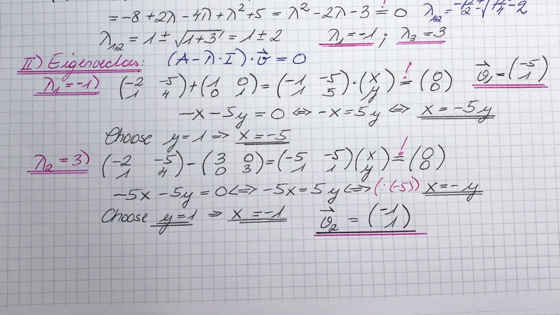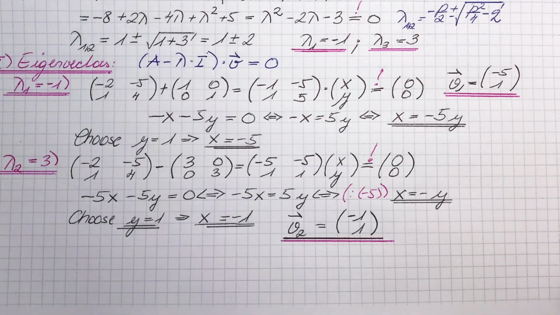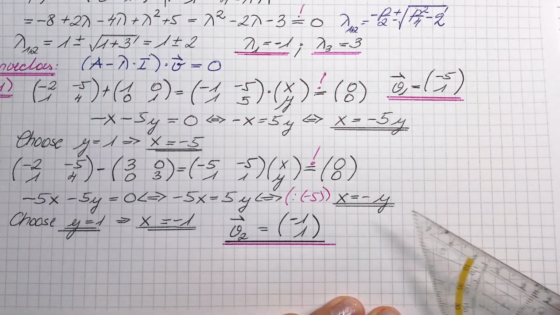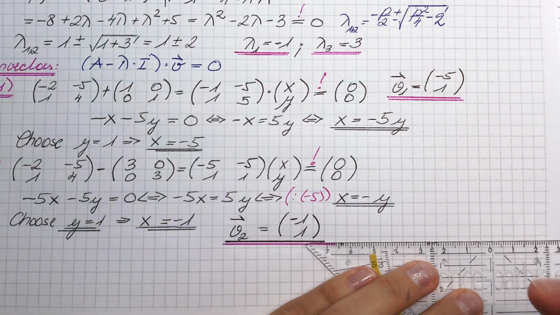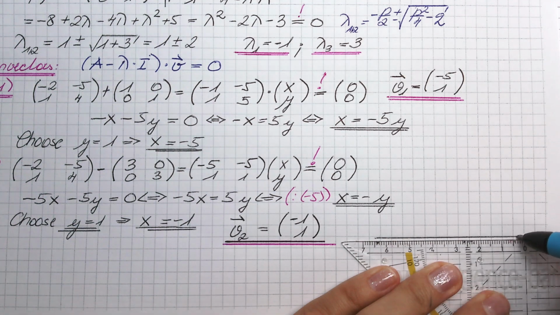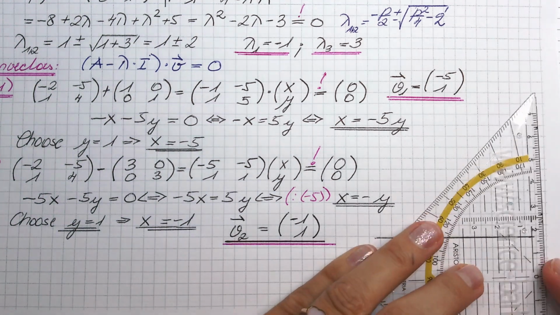Okay, and what can we imagine with these eigenvectors? Probably make just a sketch here. If we have here a coordinate system, I hope you can see that.